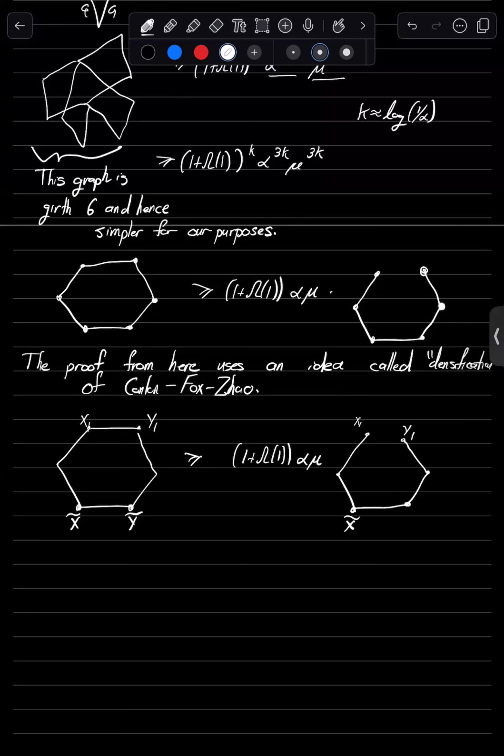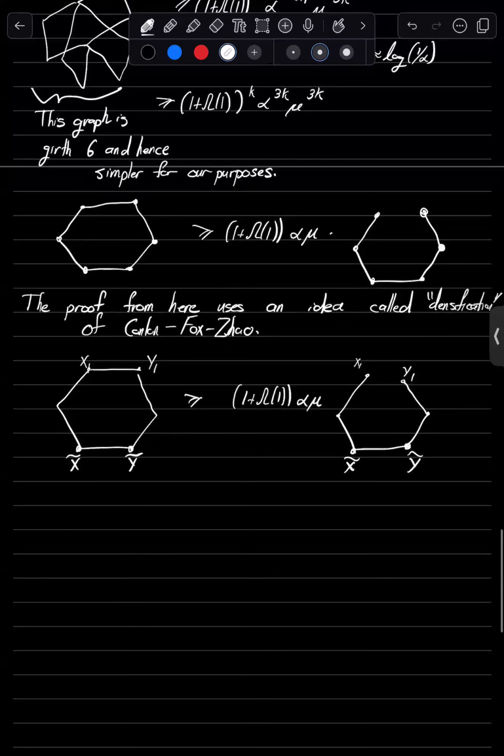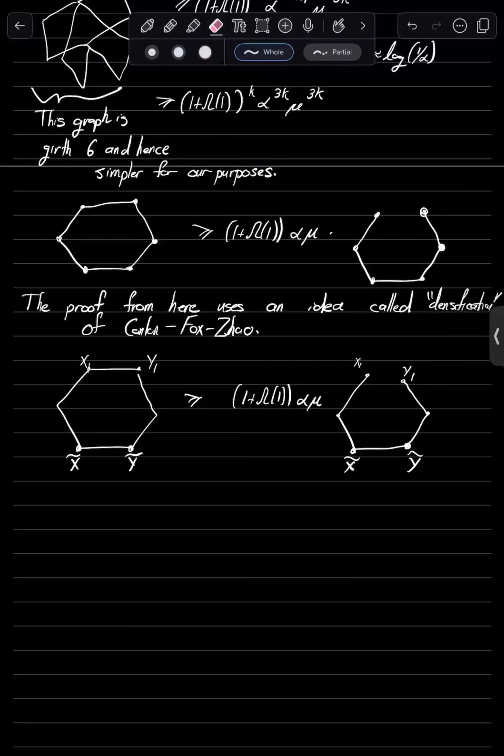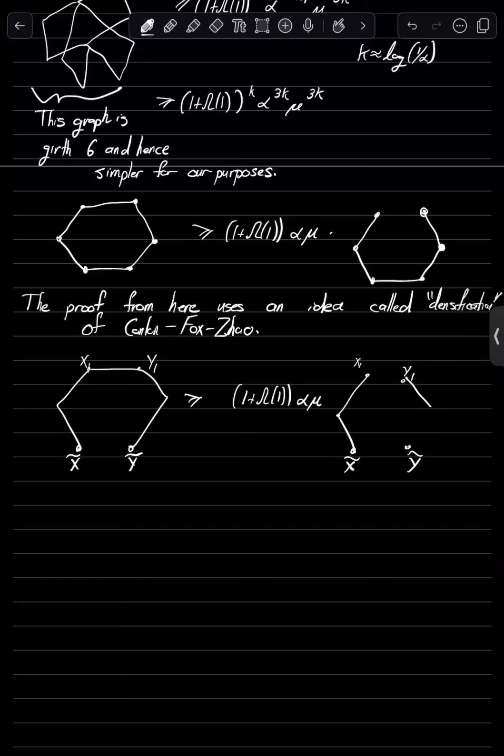What I mean by this is I'm choosing where these vertices land. So I get to fix them and I have this inequality. So there exists a choice x tilde and y tilde such that this inequality is true. Because x tilde and y tilde are fixed, I can just erase this edge down here. It doesn't really matter anymore. It's some fixed absolute value, so I can erase it downstairs. Okay, and I get some diagram like this.